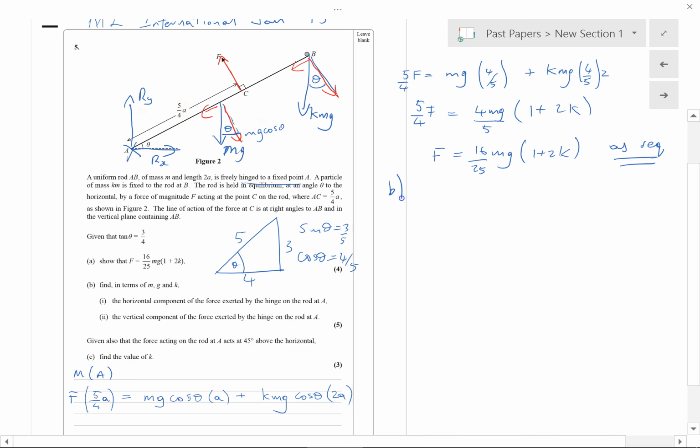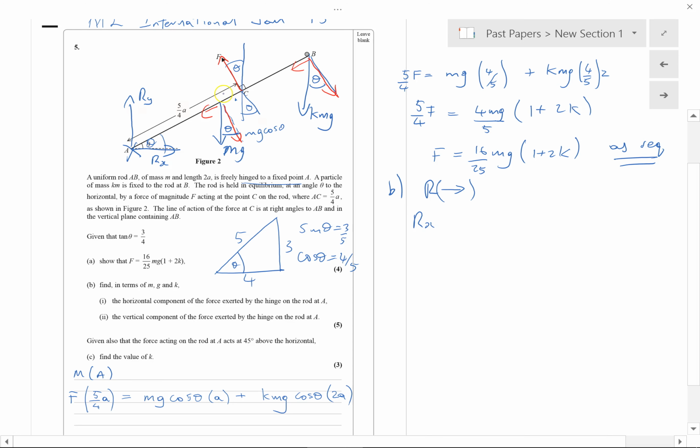Part B. Often it's a good idea to get some resolving equations going, particularly if we've got horizontal components here. If we resolve horizontally, we'll get the horizontal component pretty straightforwardly. Rx is going to be equal to the component of the F force here. We do need to get the angle here, but it shouldn't be too difficult. We've got angle theta here, which must mean that this angle is theta here, because this one is 90 minus theta, so therefore this angle is also theta.